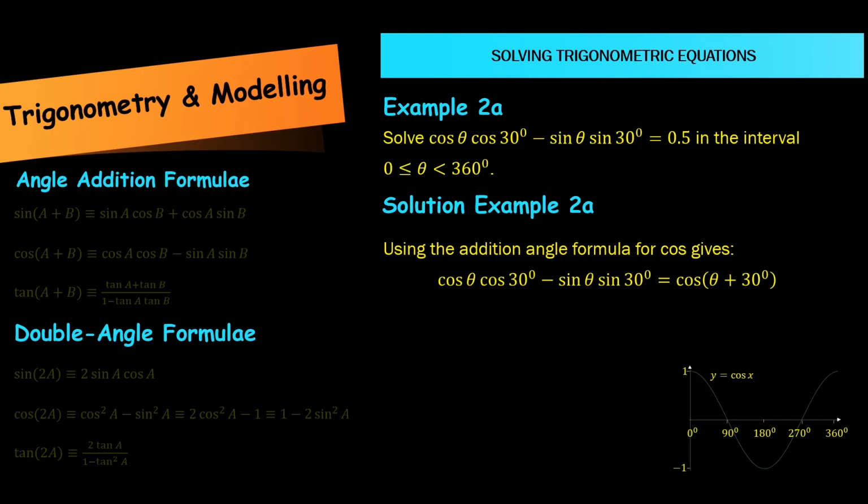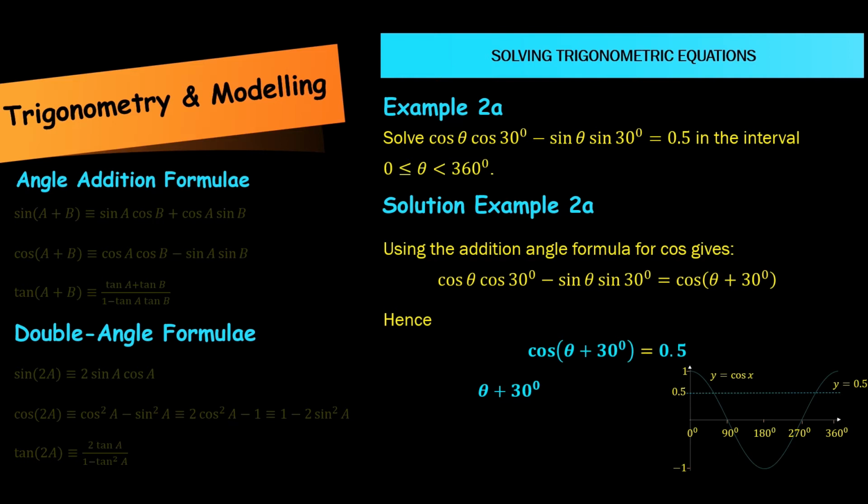Here's a graph of y equals cos x. If we want to solve cos of theta plus 30 degrees equals 0.5, we're going to take theta plus 30 degrees as being equal to x.